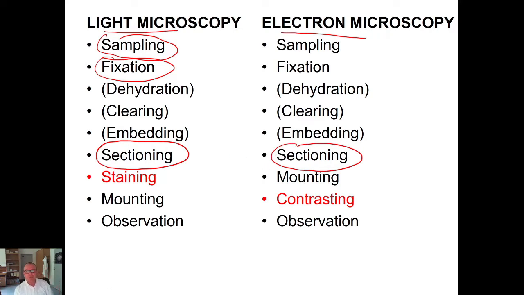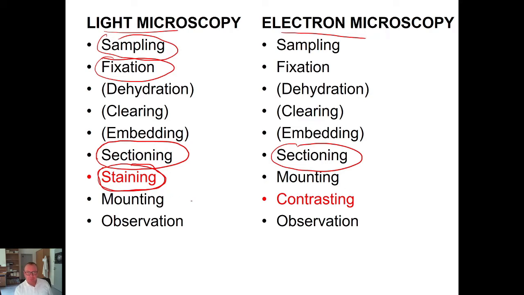Then the procedure is a little bit different, and it can be explained very simply. Light microscopy is usually based on visible light, which means we can use colors in this method. And to use colors better than the natural colors of the specimen, we should stain.